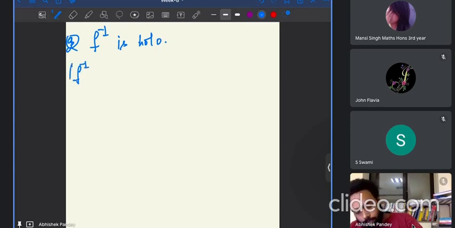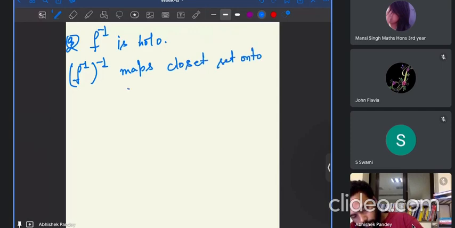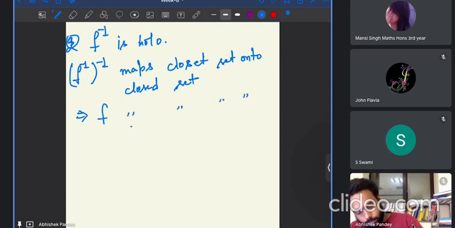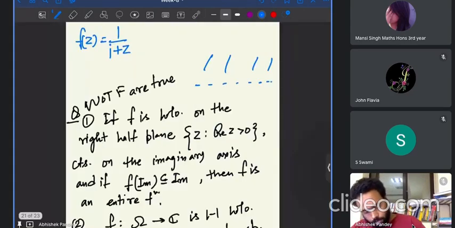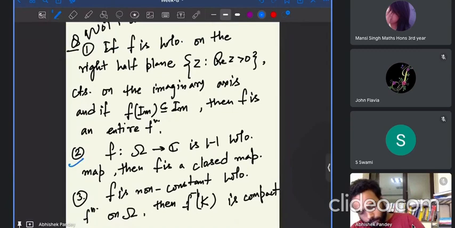So f inverse maps, by definition, closed sets onto closed sets. This implies, what is the inverse of f inverse? It is f. So f maps closed sets onto closed sets. So this is true.